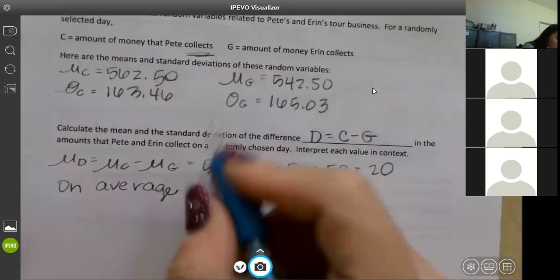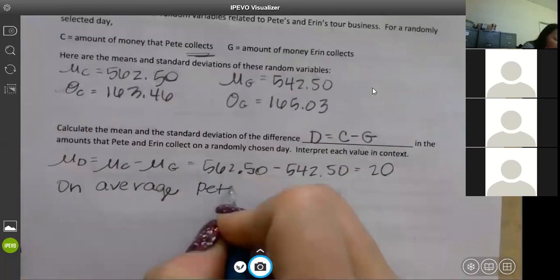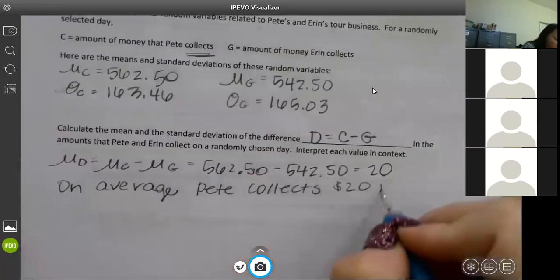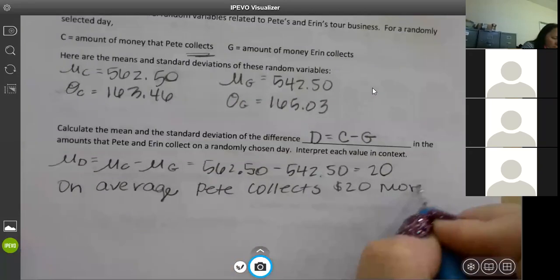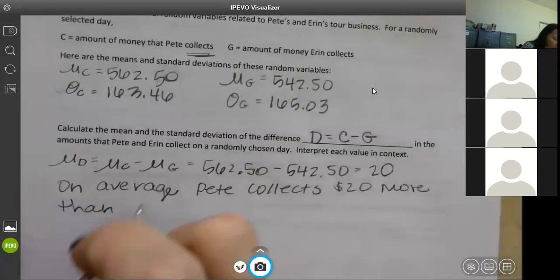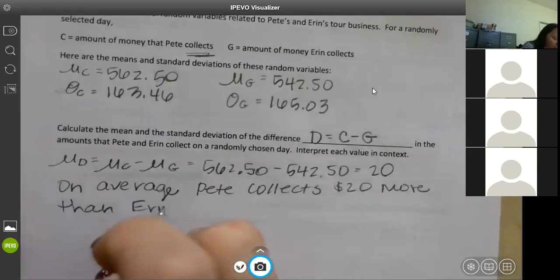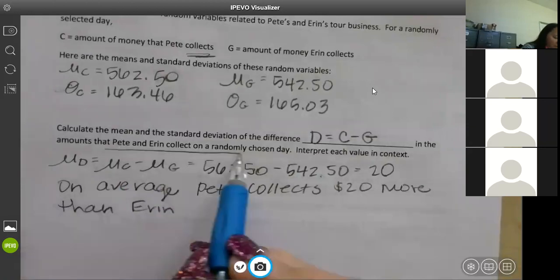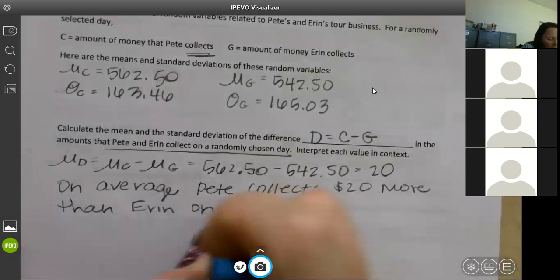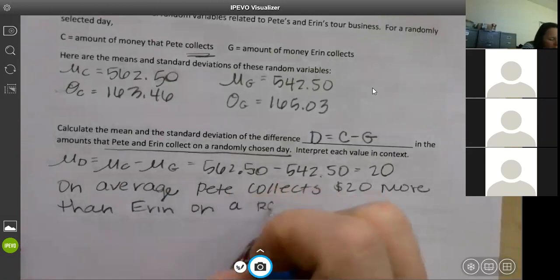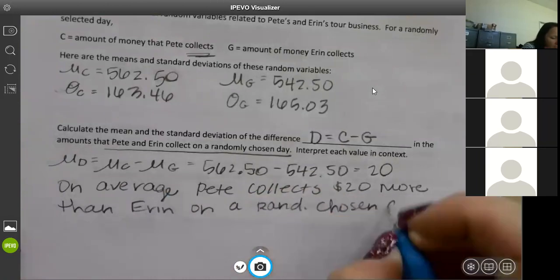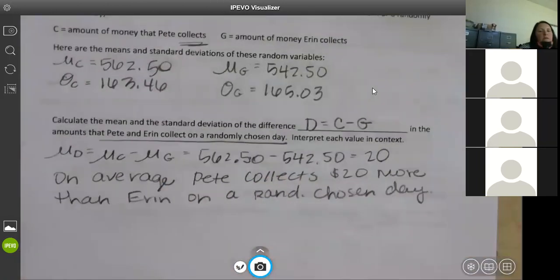On average, Pete collects $10 more than Aaron. And it says it right here: Pete and Aaron collect on a randomly chosen day. On a randomly chosen day.